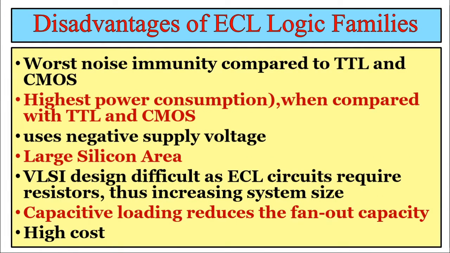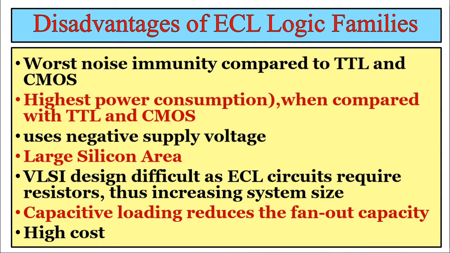Then the disadvantages of ECL logic families. The ECL logic family has the worst noise immunity, or you can say low noise margin, compared to the TTL and CMOS families. It has the highest power consumption, or high power dissipation, when compared with the TTL and CMOS families.